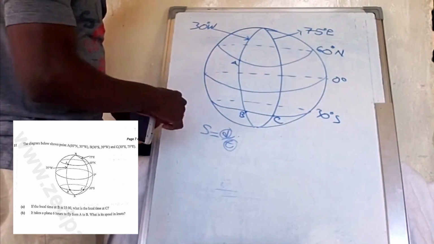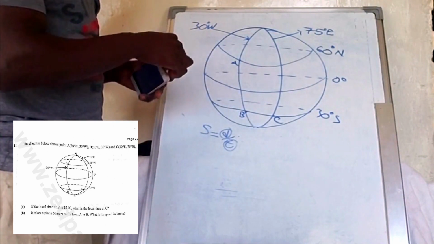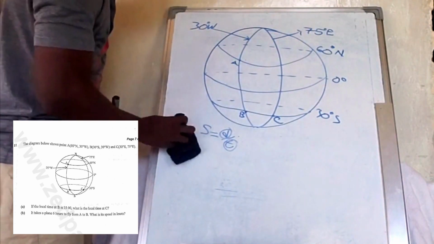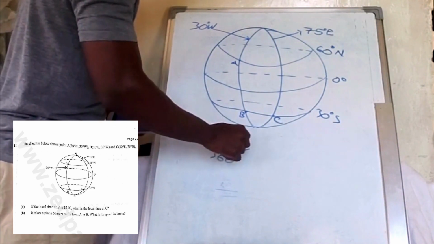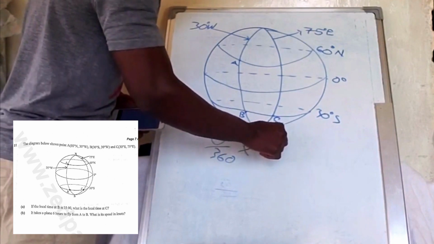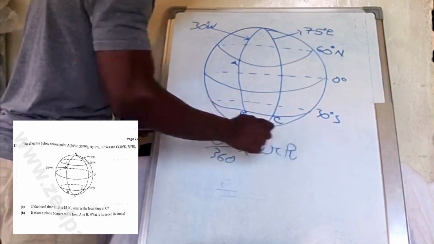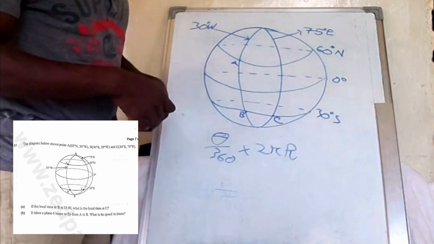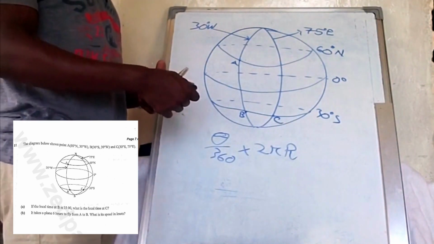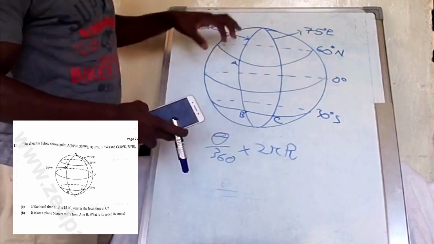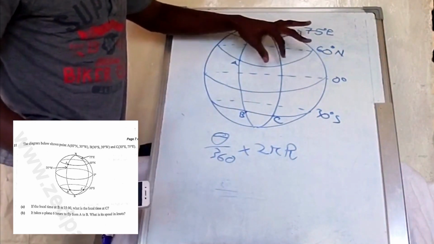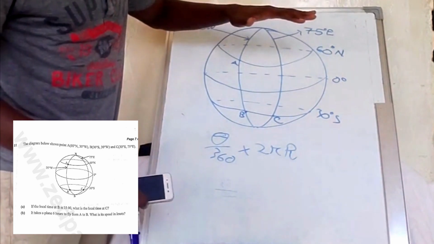To find the distance, we use the formula, or rather the equation, theta over 360 multiplied by 2 pi R. This is capital R, denoting the radius of the Earth, because longitudes have the same radius throughout. This longitude has the same radius as that longitude, and that is simply the radius of the Earth.